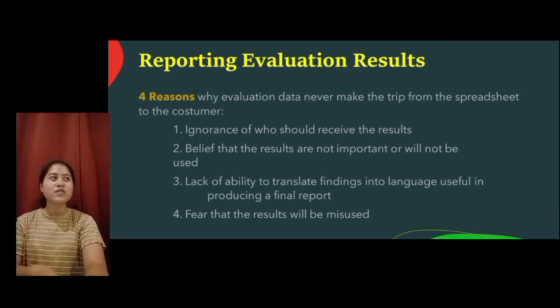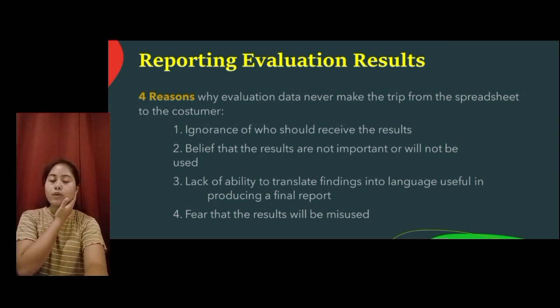First is the ignorance of who received the results. Some people underestimate the capability of an individual, believe that the results are not important or will not be used, so they just disregard it, thinking the result will not help.